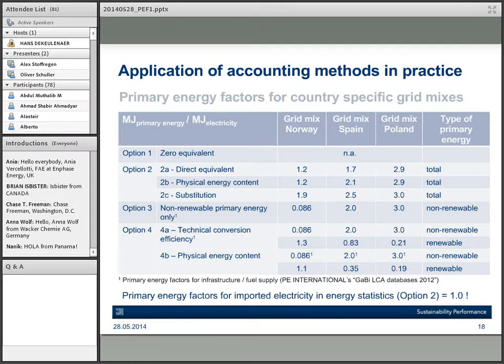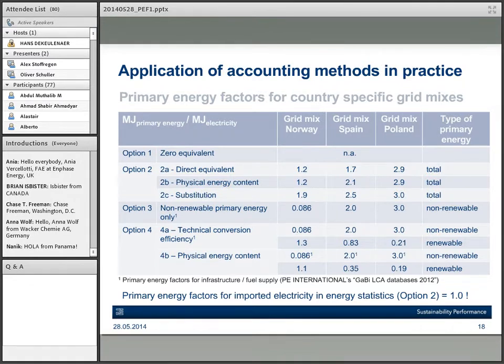So like Switzerland or Austria, which have a very high share of imports in the supply, but they also export a lot of electricity. But if you just look on the energy statistics, then this can lead to some distortions.